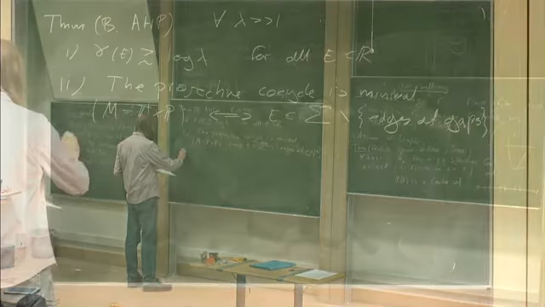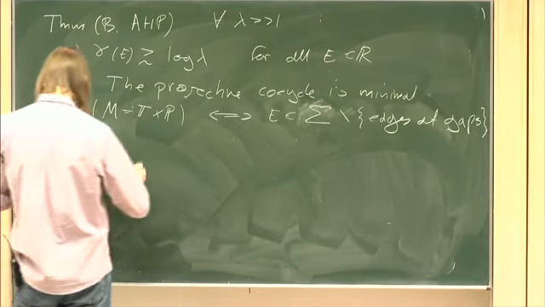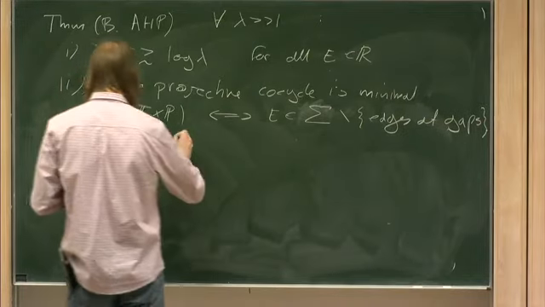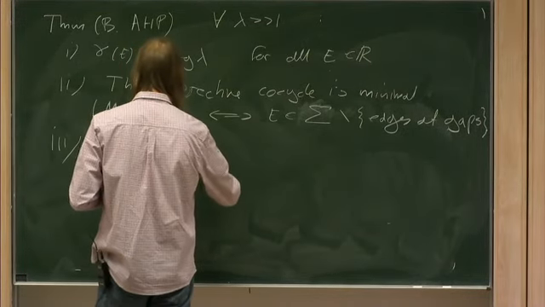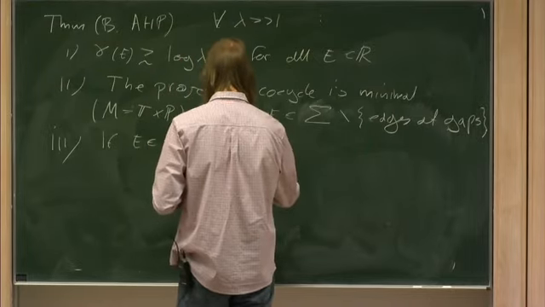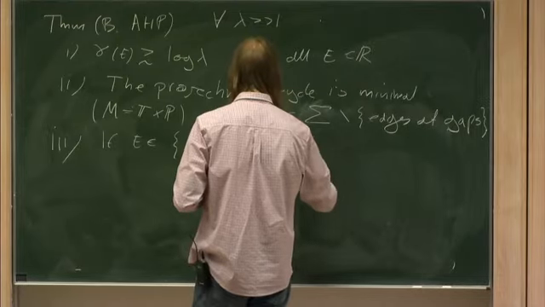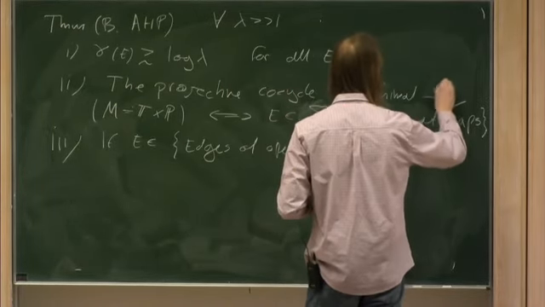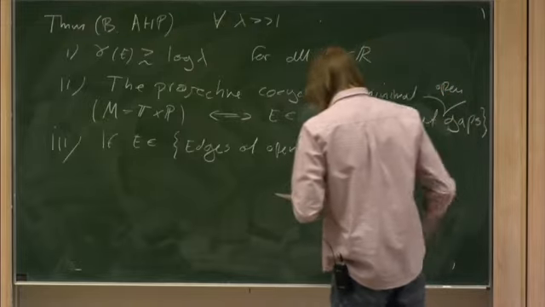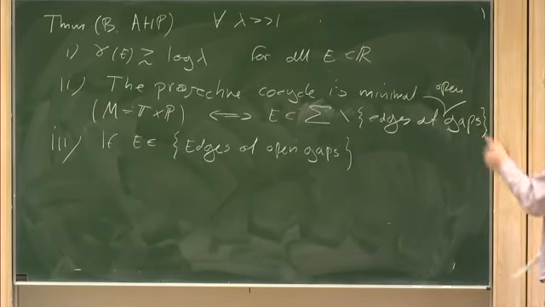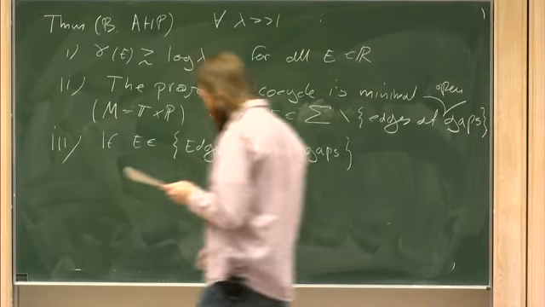And then a third thing which just pops out from the proof is that if E belongs to the set of edges of open gaps, then this is an eigenvalue for some phase for the Schrödinger operator.